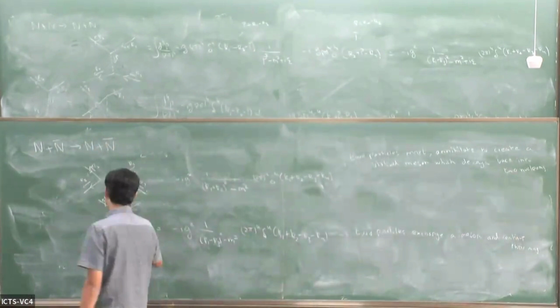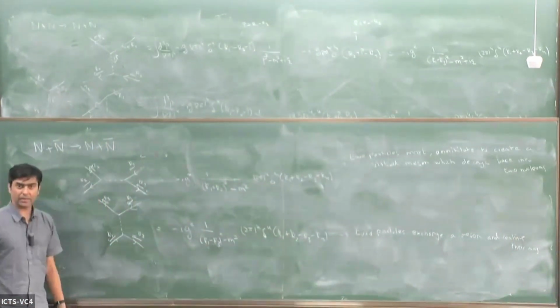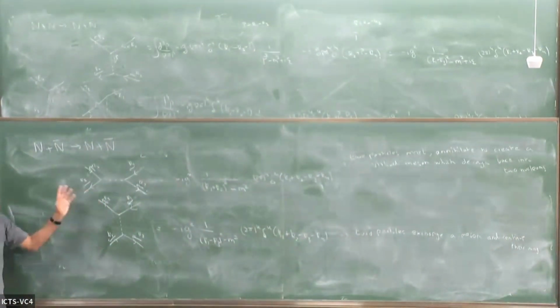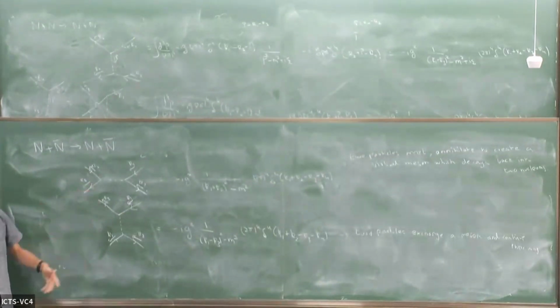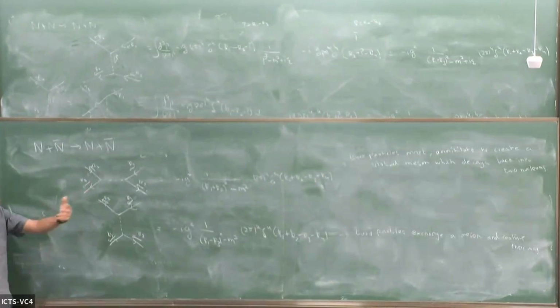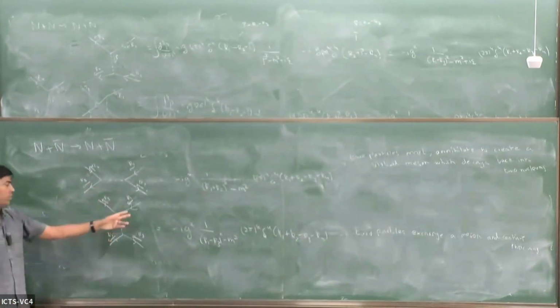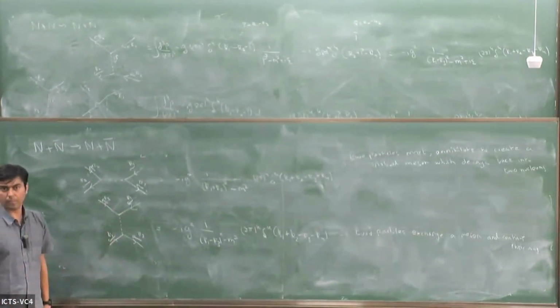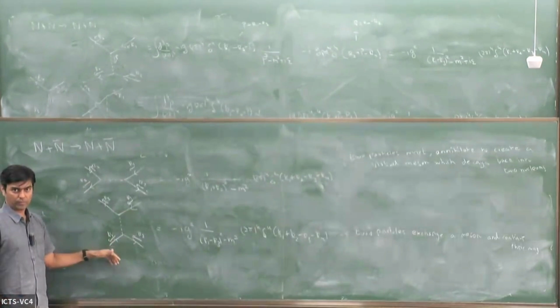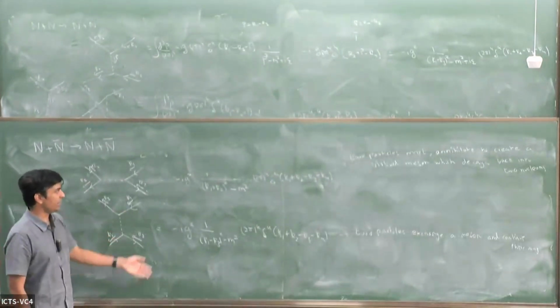So you have a nucleon and antinucleon, they never actually meet and annihilate, they just exchange a meson and keep going on. So you see there are two kinds of physical things that can happen. The nucleon and antinucleon can meet, produce something which has zero charge, which can then decay back, or the nucleon and the antinucleon can just exchange something and keep going. But the final answer is the sum of these two.